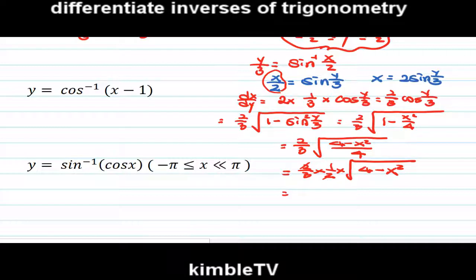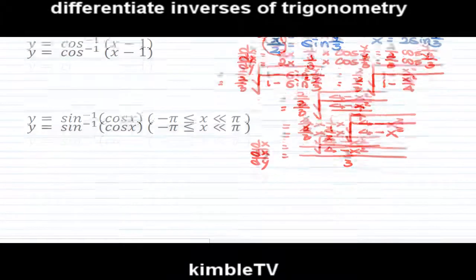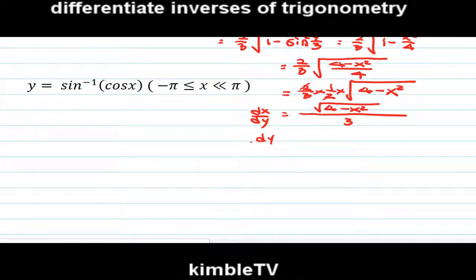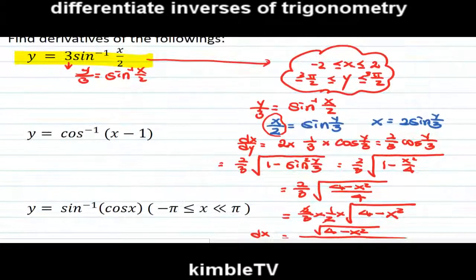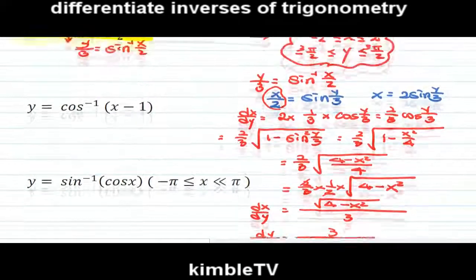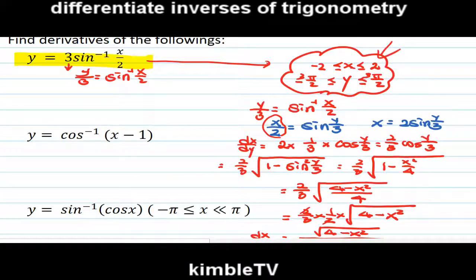Cancel, and this is root of 4 minus x squared over 3. This is dx/dy, so we must take its reciprocal. dy/dx equals 3 over root of 2 squared minus x squared. This is the gradient of the tangent, the derivative of question 1, and its domain and range are as found.